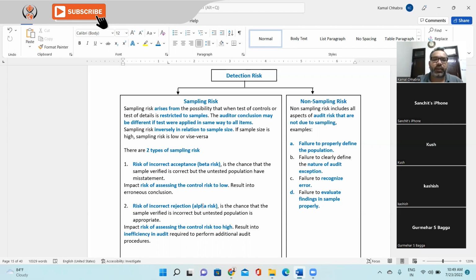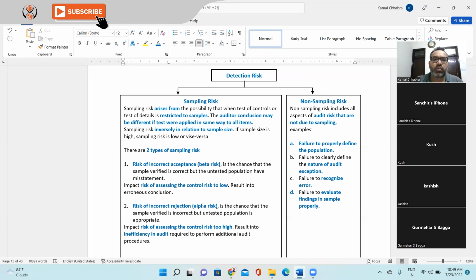So sampling risk arises from the possibility that the test of control or test of detail is restricted to a sample. That means you are concluding on the operating effectiveness of control or on the value of the population based on the sample which you have tested.